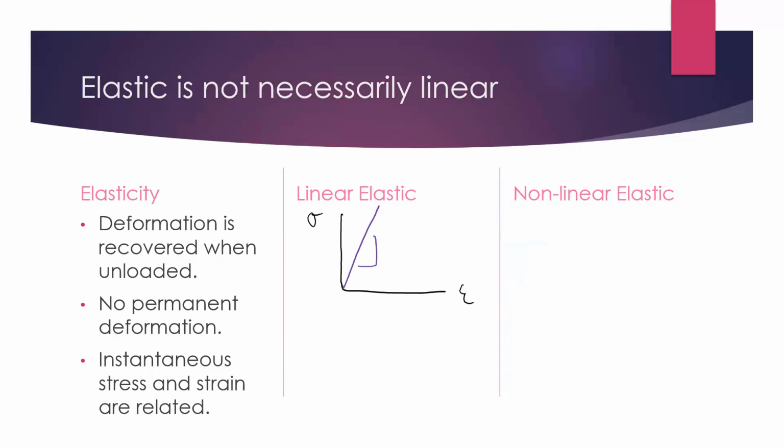All right, so the slope of this linear segment is what we give a capital E to, so it's signified by a capital E, and that's the modulus of elasticity, also referred to as Young's modulus.